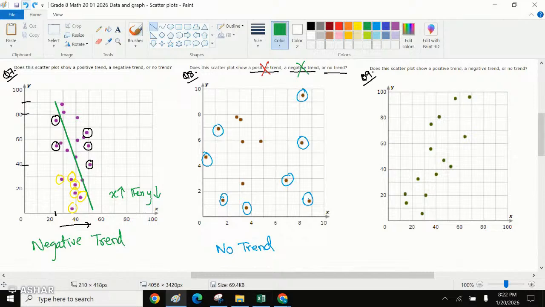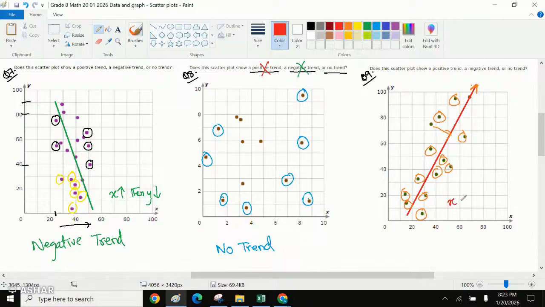Can it be scattered? But before that, we need to see, can it be positive? Can I say over here that this line is something like this? If we just draw a sample line, can we say that these points are very close to this line? Just a few points are far away, and exceptions are always there, so we consider the exception. So in general, we say this is increasing.